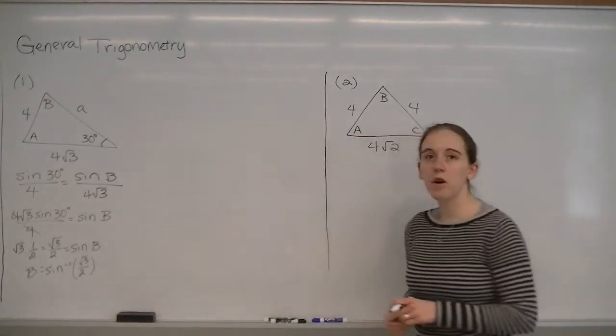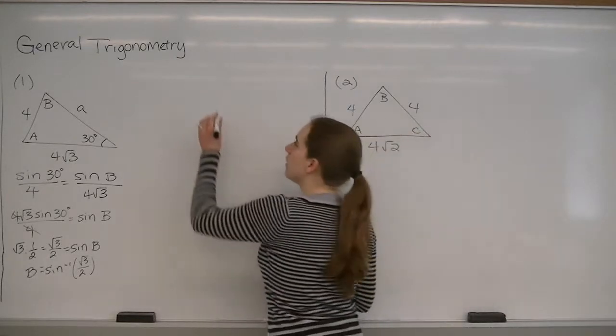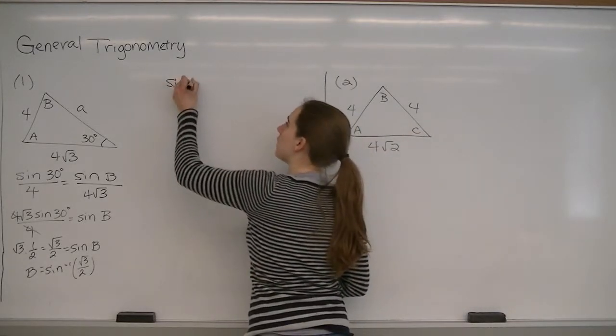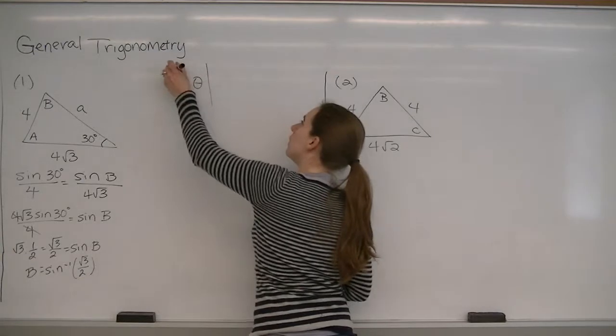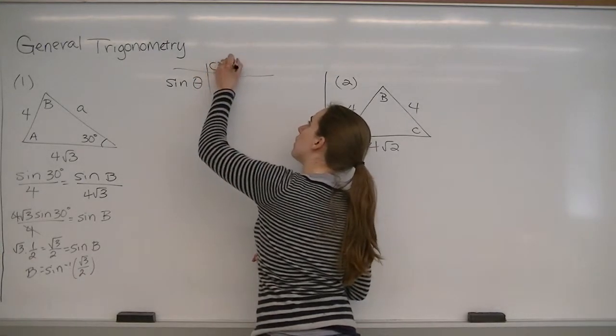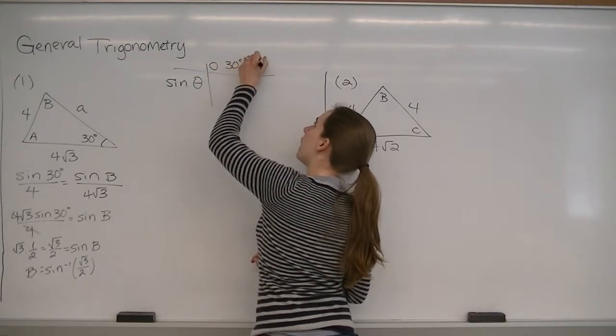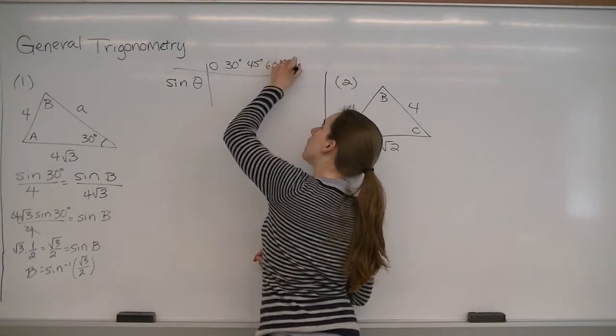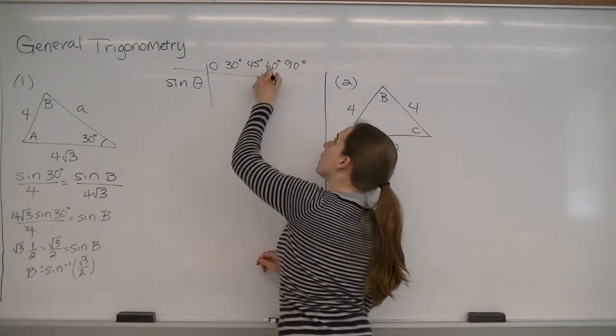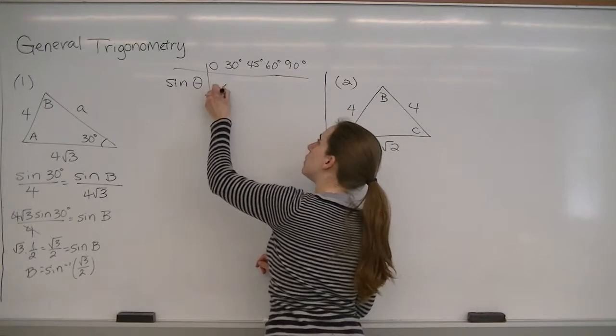So we're looking for the angle that has sine value square root of 3 over 2. That looks like one of the forms that would be in my chart. So let's just start filling out the chart for sine, see how far we have to go. So we have 0, 30, 45, 60, 90. So they're all over 2.